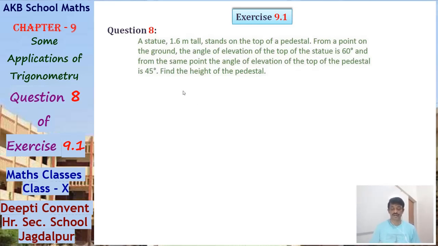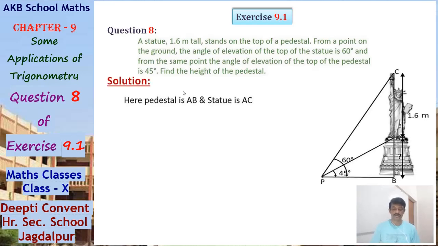So here, for solving, let us consider this diagram. Here the pedestal is AB, and the statue is AC, 1.6 meters high.